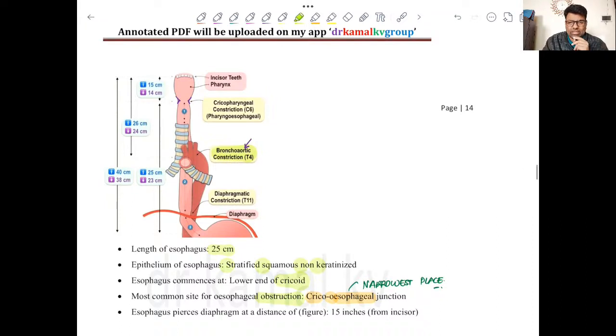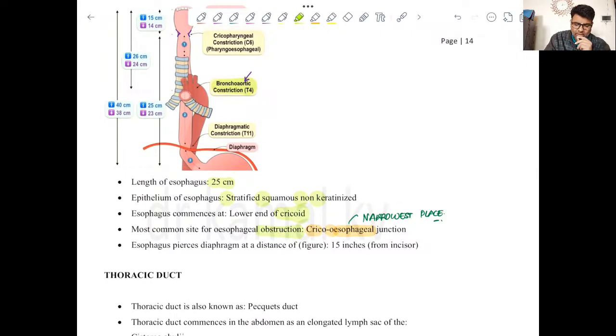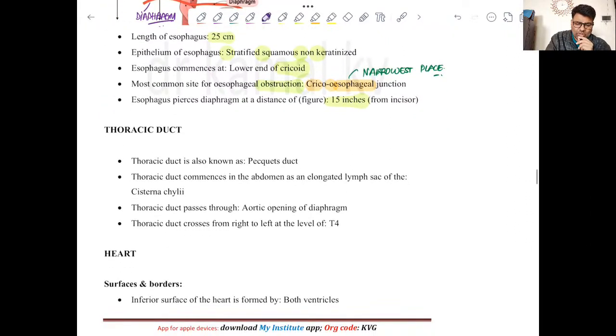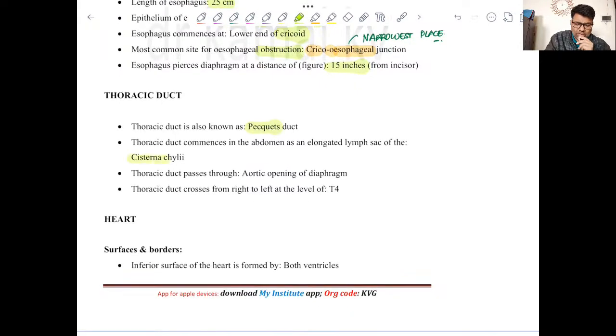So that is around 27 centimeter. Please remember that. And at around 40 centimeters, this is diaphragm. So the esophagus pierces the diaphragm. Clear?